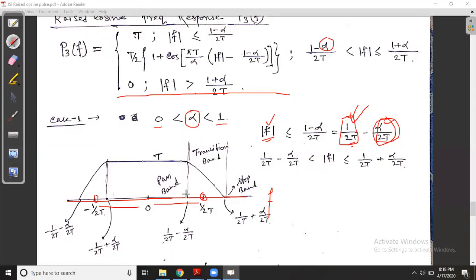The exact value of alpha is not required for the explanation. Just understand how the shape of the pulse changes depending on the value of alpha.